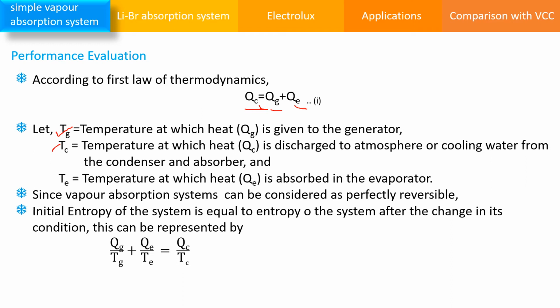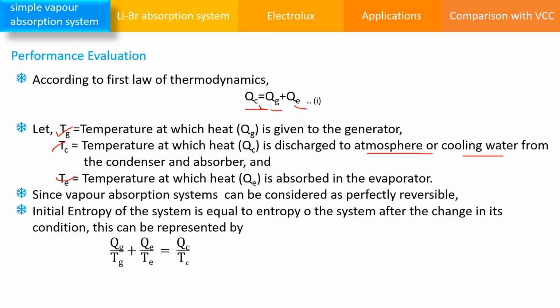There is a constant temperature TC in the condenser in which the phase change process is taking place, and the heat is discharged to the atmosphere or the cooling water. Let us consider TE is the constant temperature in the evaporator, which is absorbing heat from the environment and converting the ammonia liquid into ammonia vapor.